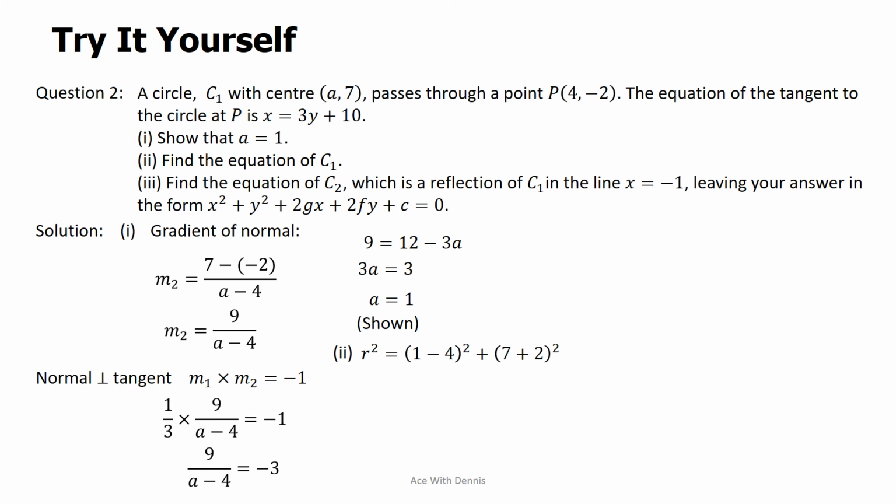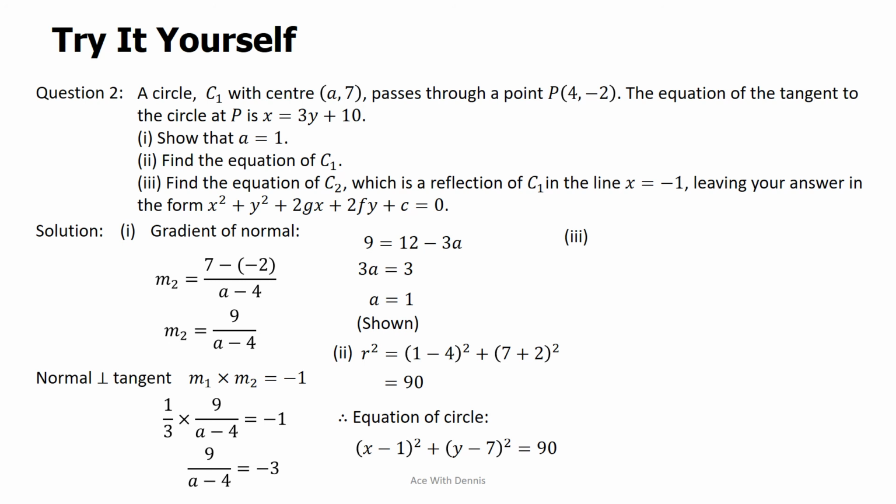Again, we use the coordinates of the center and the point P to find the radius, and we get r squared equals 90. Therefore, the equation of the circle will be (x minus 1) squared plus (y minus 7) squared equals 90.